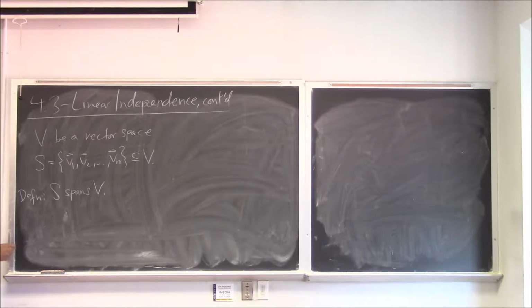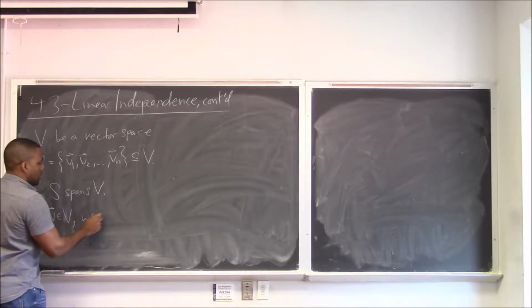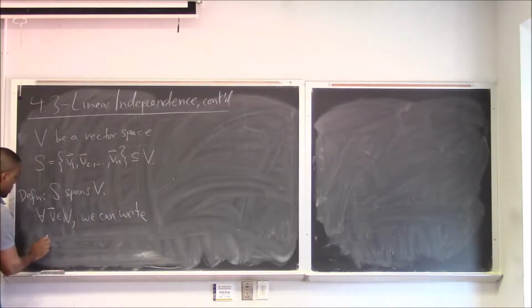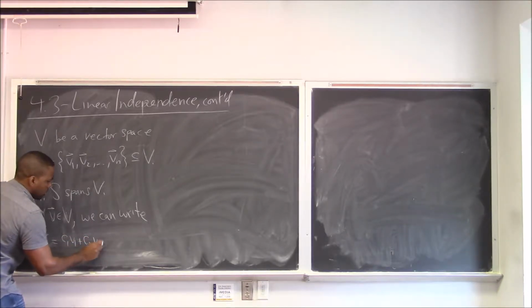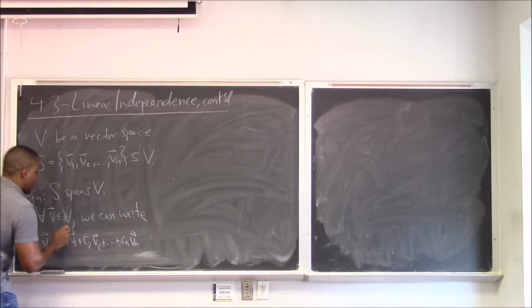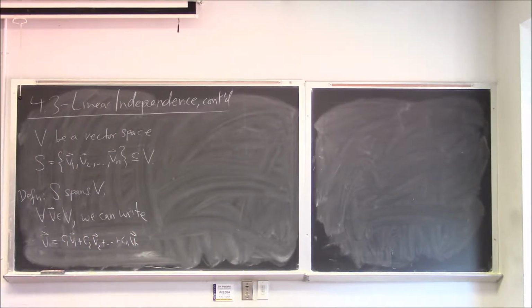Every vector in V can be expressed as a linear combination of the elements in S. For all v in V, we can write v equal to some c1 v1 plus c2 v2 plus cn vn, where the c's are scalars from our field.